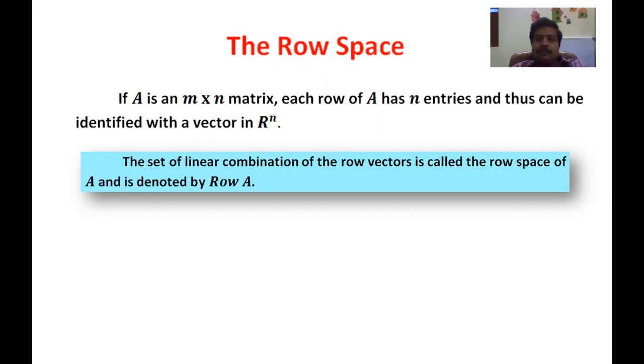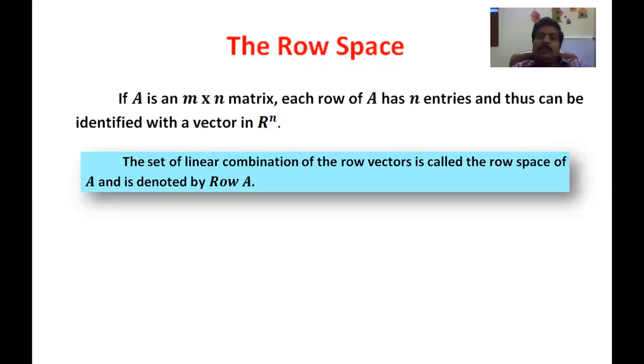To solve the equations, we add the equations, we subtract the equations after multiplying with a constant. All these are nothing but linear combinations of the equations.